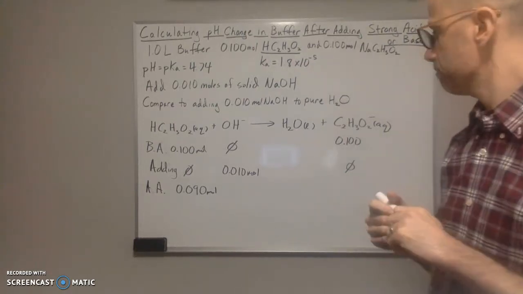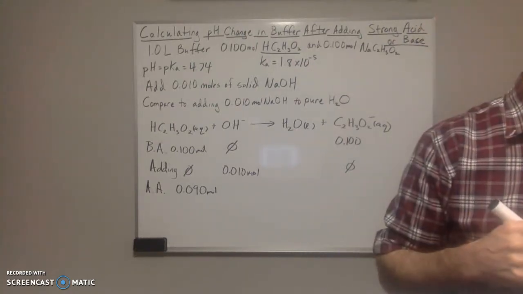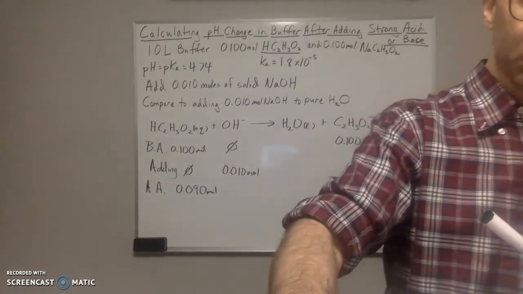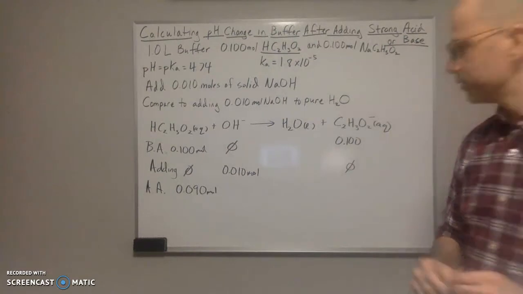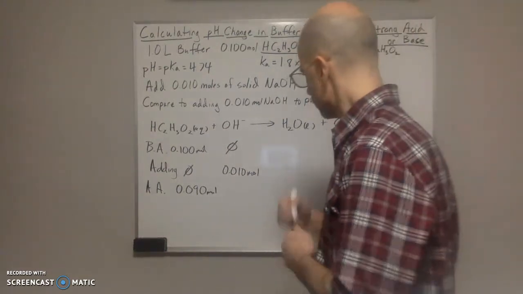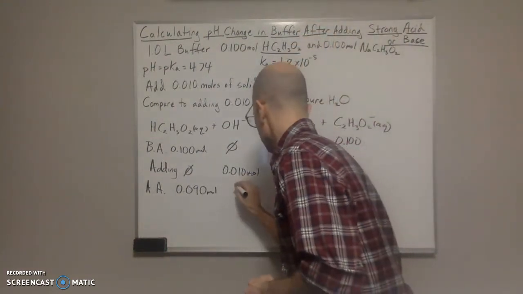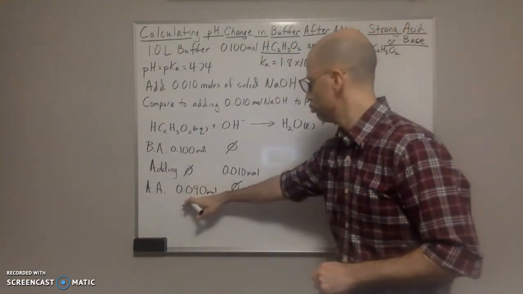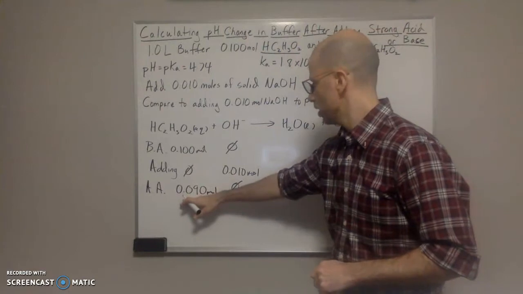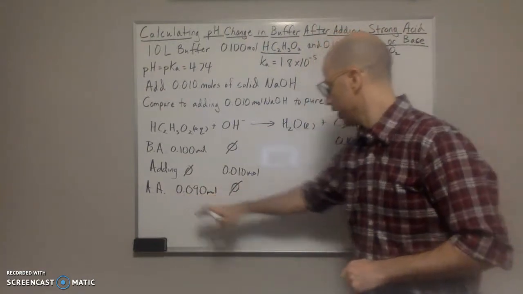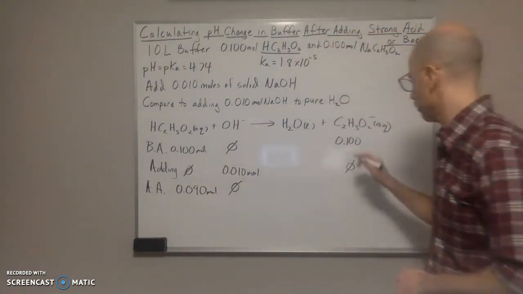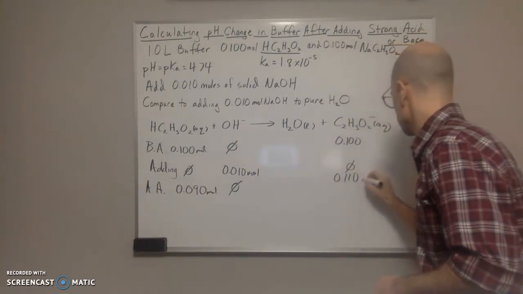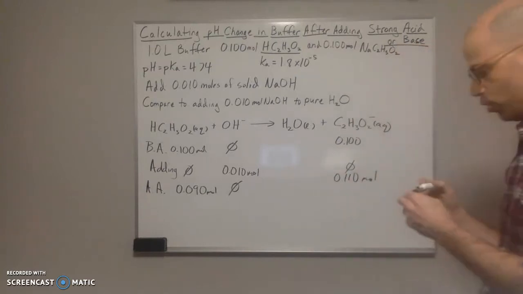So then after adding, the hydroxide is gone, so it fully reacts. That's 0. And then you lose 0.010 moles over here, but you gain the same amount over here. So this would be 0.110 moles of your conjugate base.